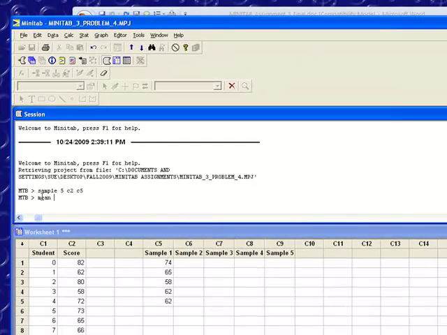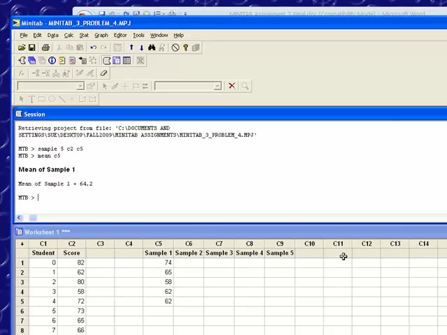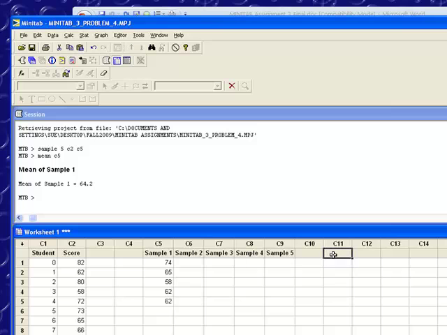And I can find the mean of that sample. And right as I'm doing that, I'm going to make a column of all the means of samples of size 5.